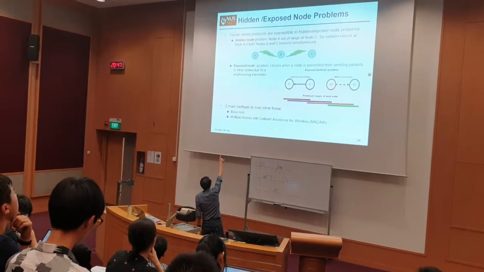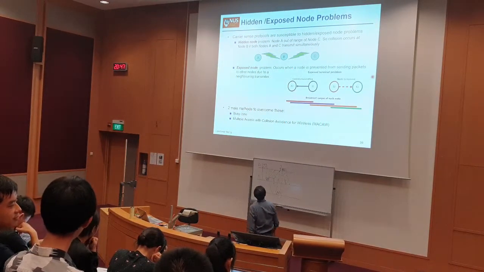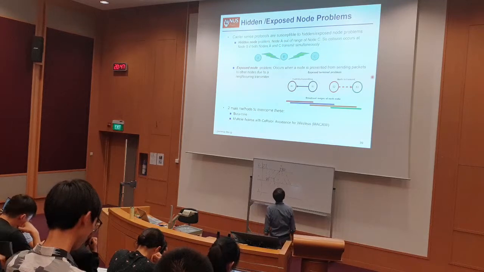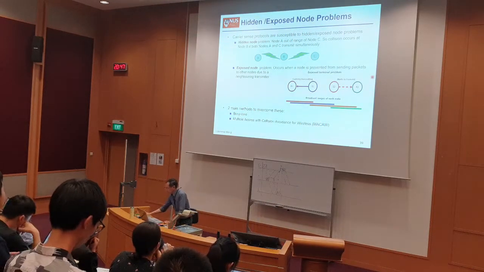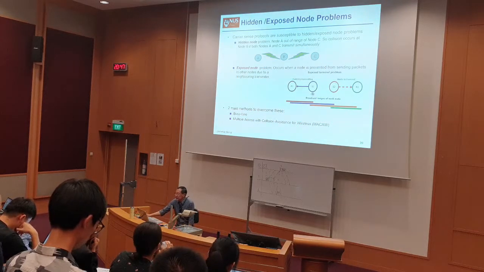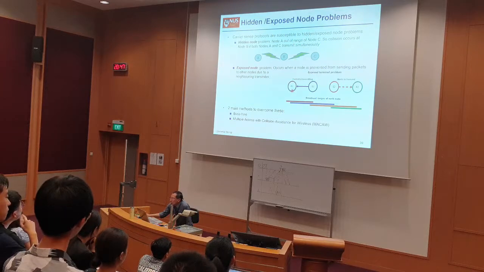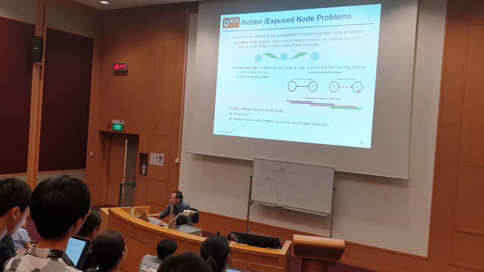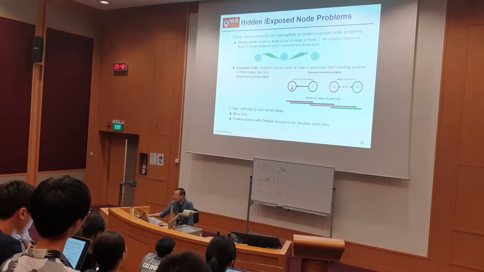That's the first one. The next one is called the exposed terminal or exposed node problem. If you look at the picture, I have nodes R1, S1, S2, and S3. S1 is sending to node R1.